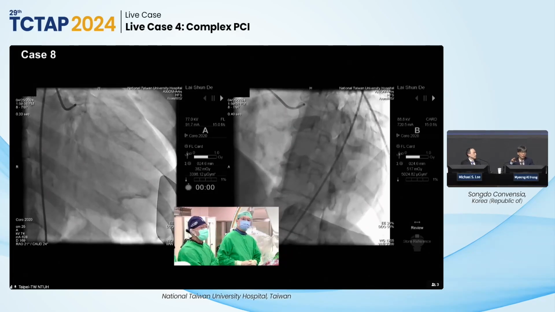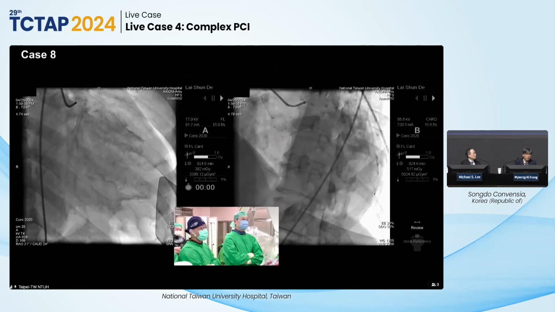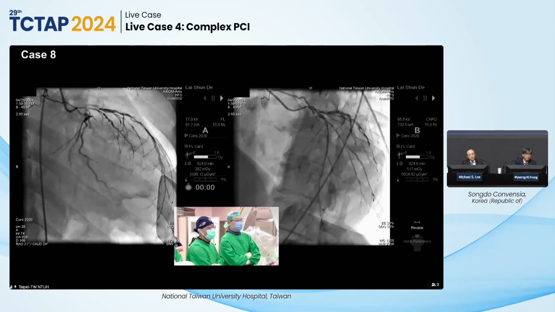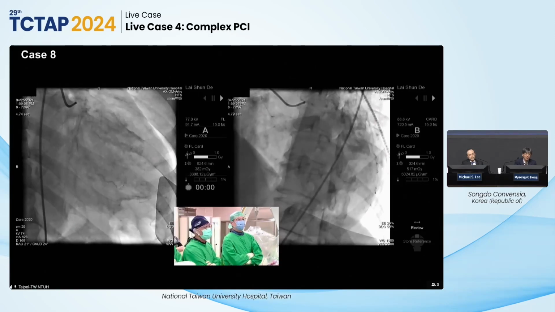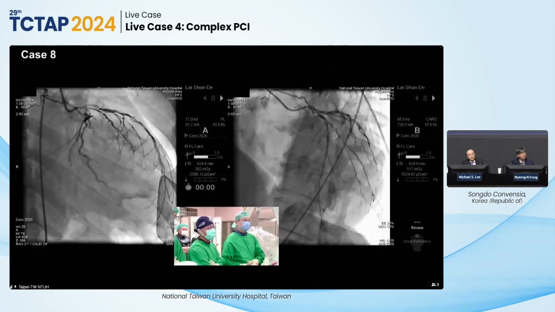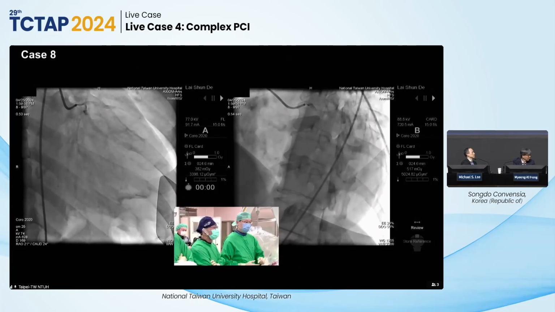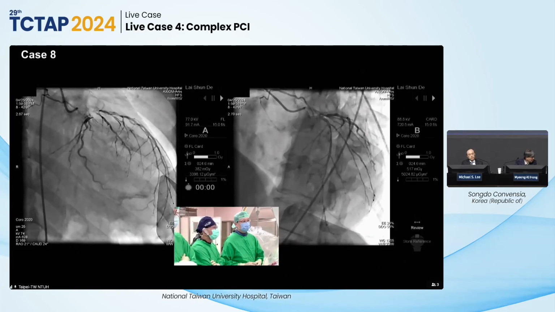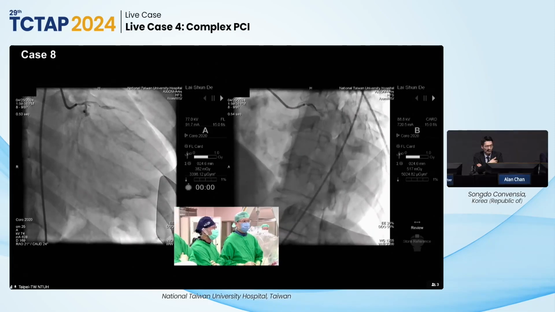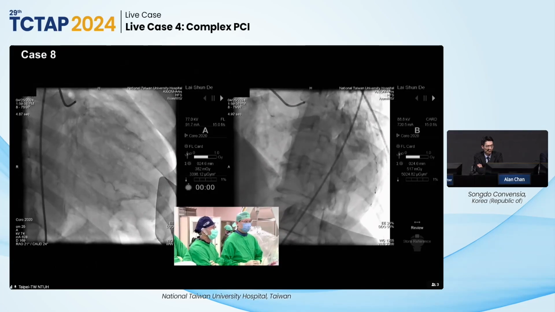What's the suggestion from the audience or the panelists about this treatment strategy for the left main bifurcation in this case, according to the angiogram? I think for some patients like this, getting more insight into viability can be helpful. But from very basic investigation, for example, we are treating the left side, but it is not a CTO.